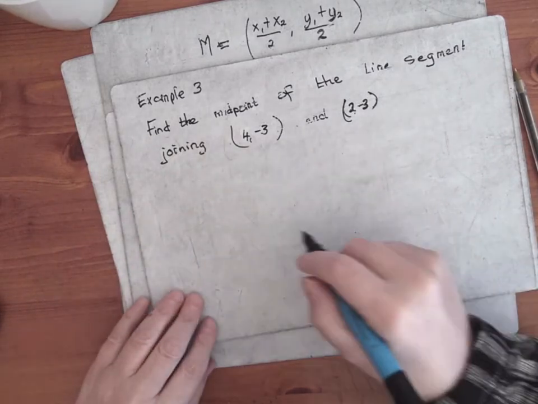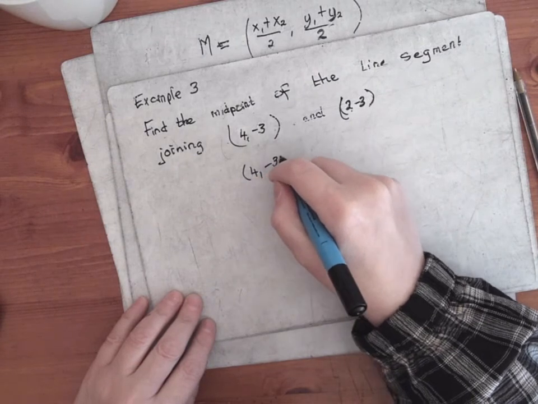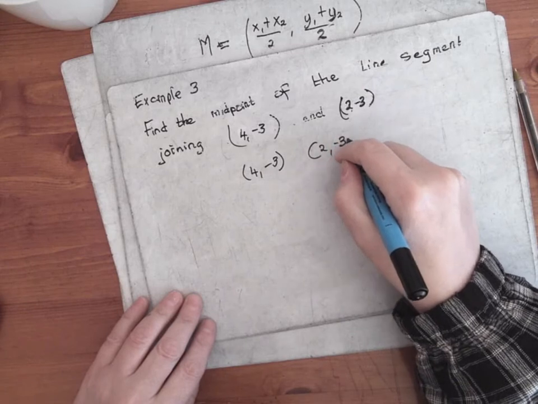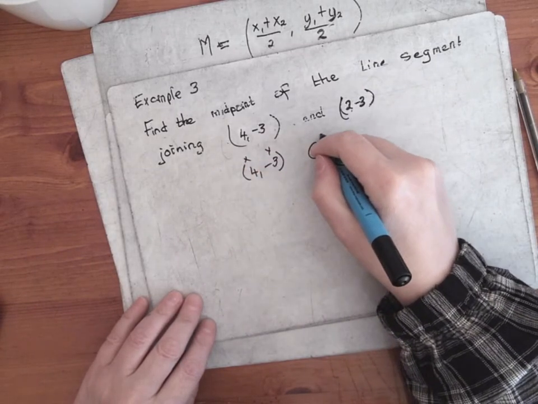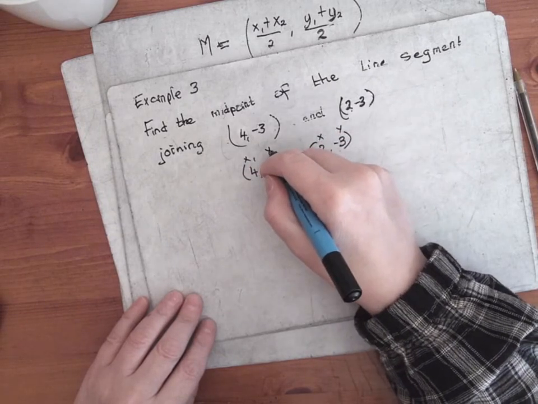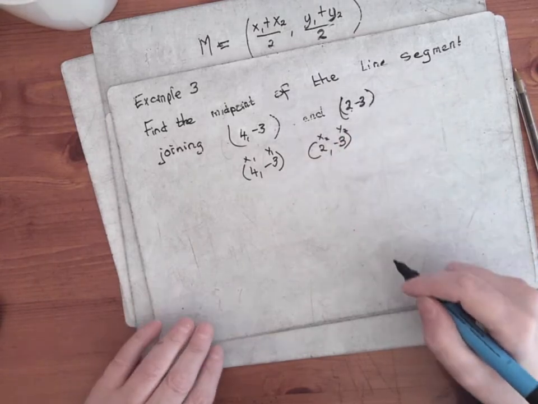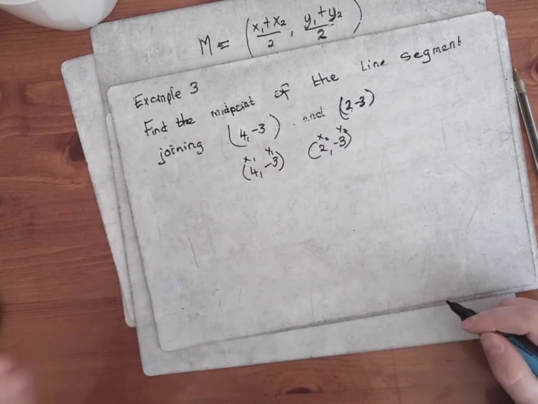Okay, so you take your 2 points, 4 minus 3, and the other one 2 minus 3. X and Y are a couple, and there's another couple, and the 1's go together, and the 2's go together. So x1, y1, x2, y2, and this will always be the first step. There's a few formulas we'll be going through.